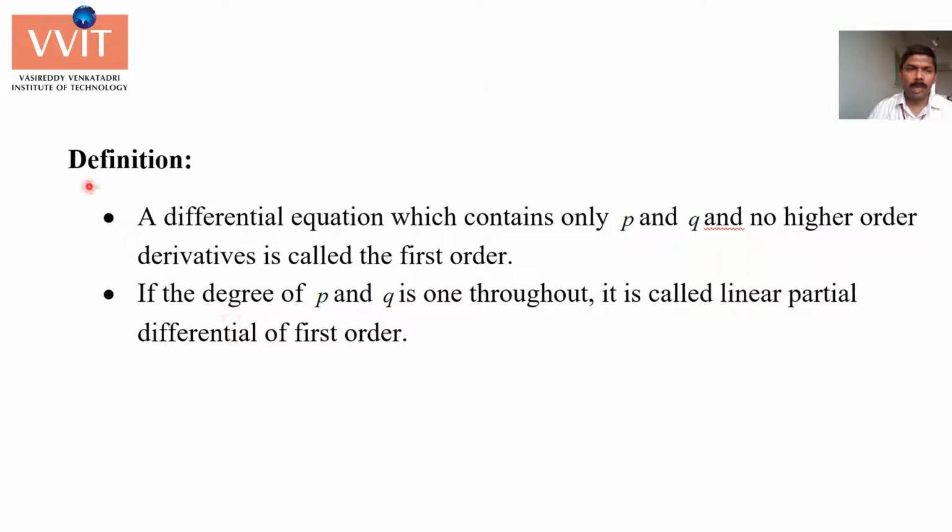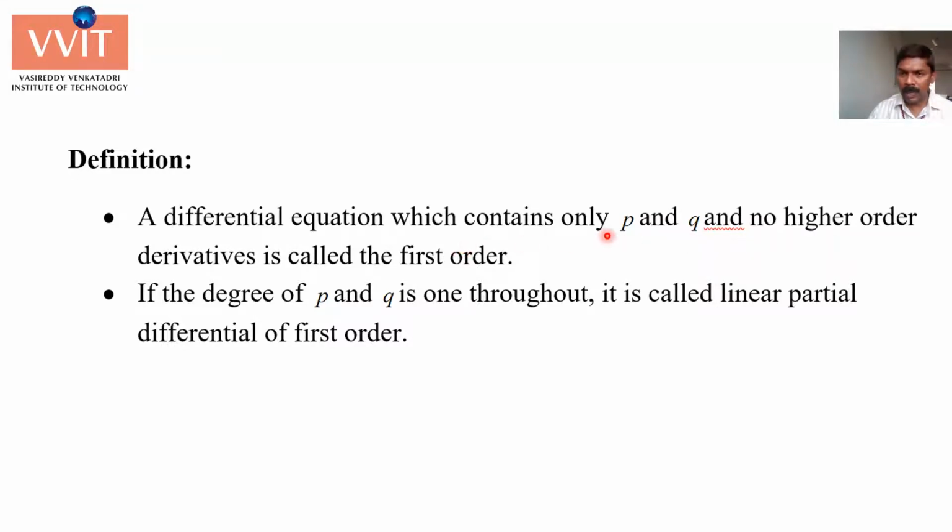So first we'll begin with the definition. Definition of linear partial differential equation of first order goes like this: a differential equation which involves only P and Q. Do you know what are P and Q? P and Q are nothing but first order partial derivatives, given as P is dou z by dou x, Q is dou z by dou y.